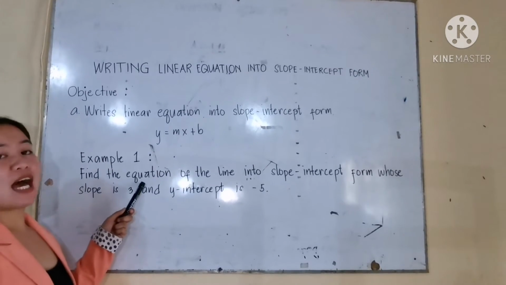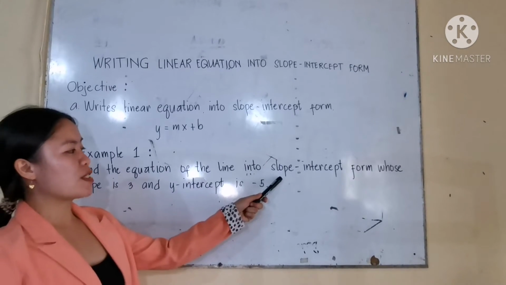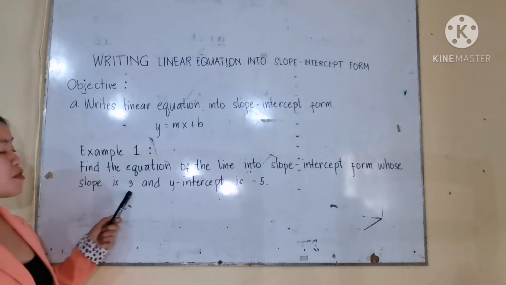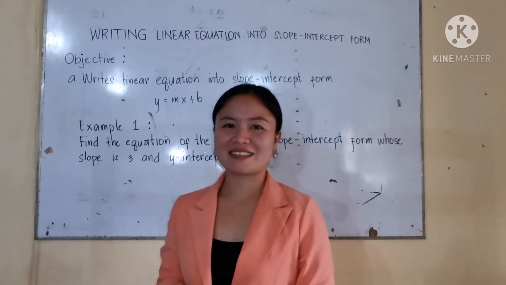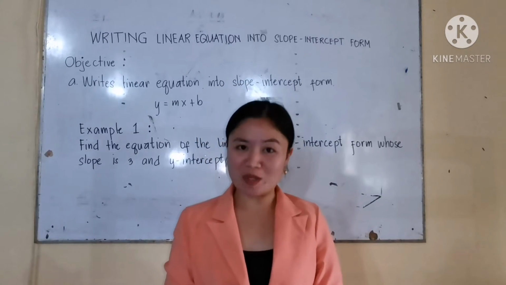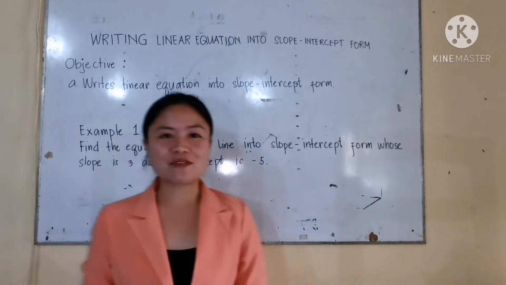Find the equation of the line into slope-intercept form whose slope is 3 and y-intercept is -5. What are we going to do now in this problem? This is very easy.